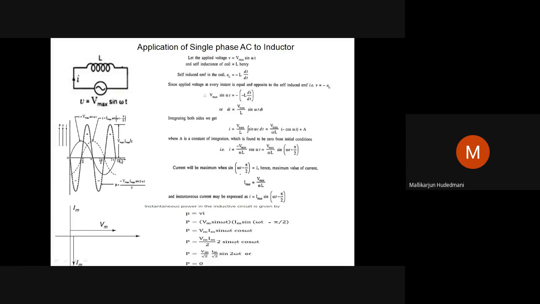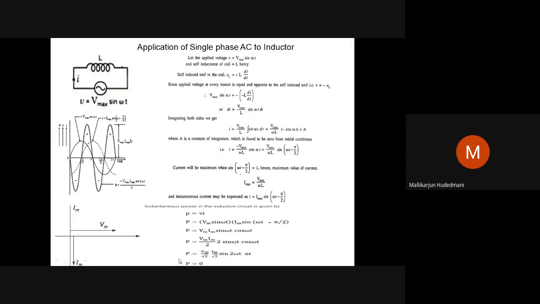This is called the input cycle, one cycle. In one cycle of input, the power wave took 2 cycles: 0, half cycle, 1 cycle, another half cycle, second cycle. I mean to say the power wave is progressing faster than the input wave by 2 times omega.